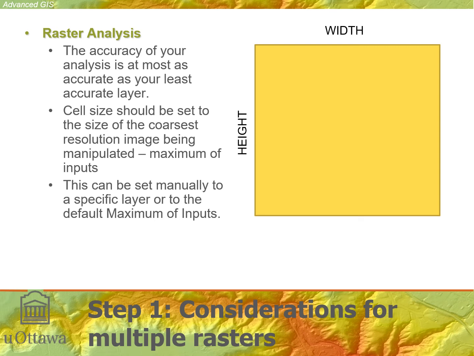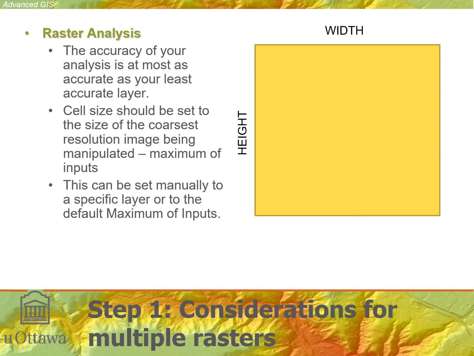So if you have a layer that is 10 square meter cell size and another layer which is 5 square meter cell size in the same analysis, the accuracy of your analysis will be 10 square meters, or cell size as the output would be 10 square meters.